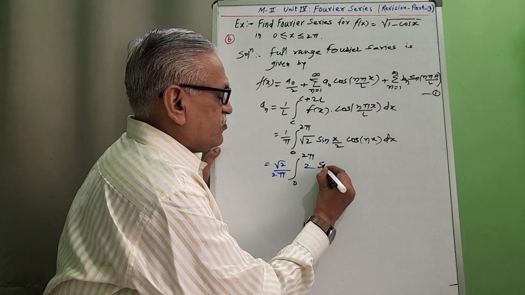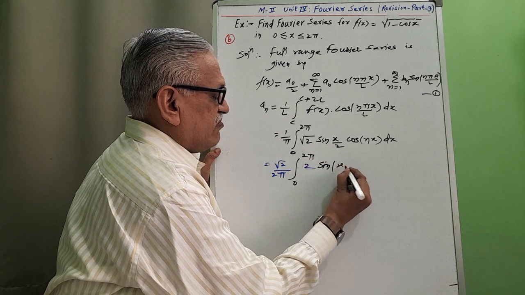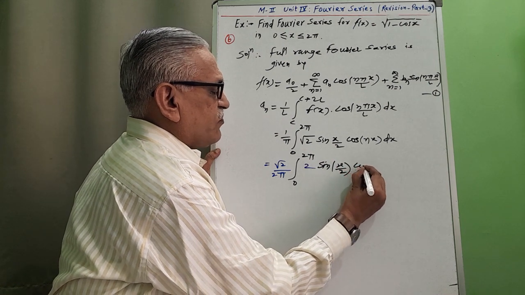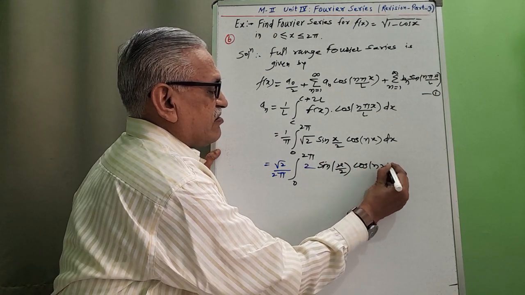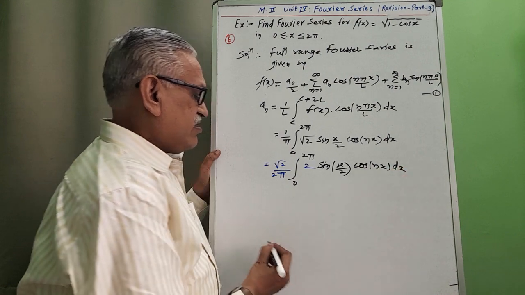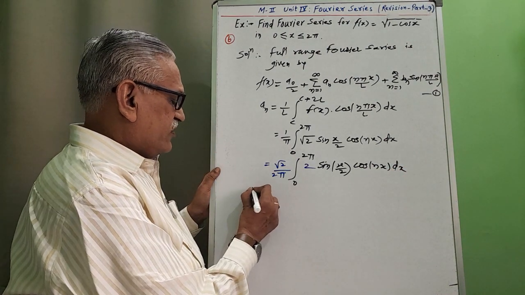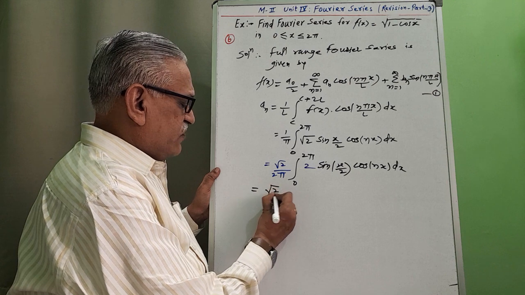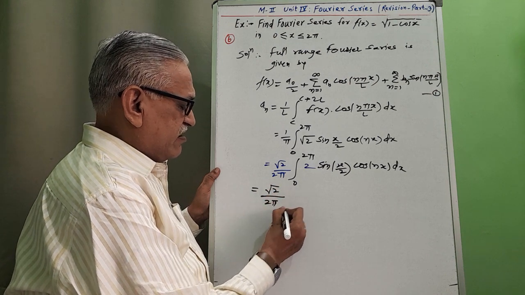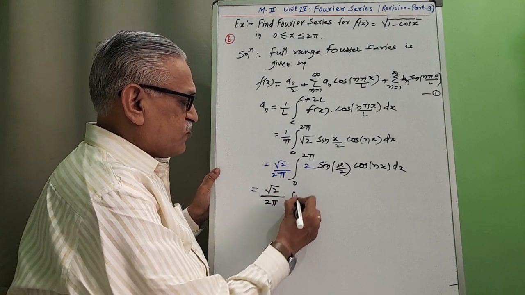Sine of x by 2 into cos of nx. Therefore it is equal to root 2 divided by 2 pi, integration from 0 to 2 pi.